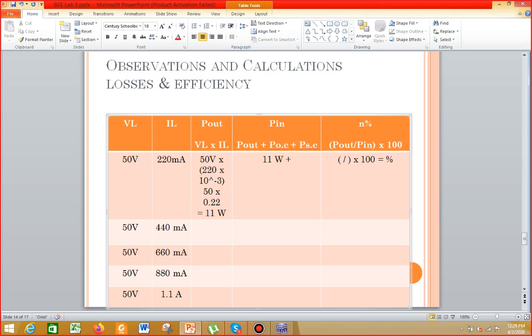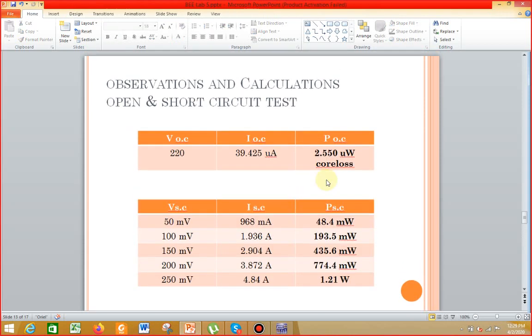Then you have to add this to the power of the open circuit, which means the core losses, which is 2.55 microwatts.